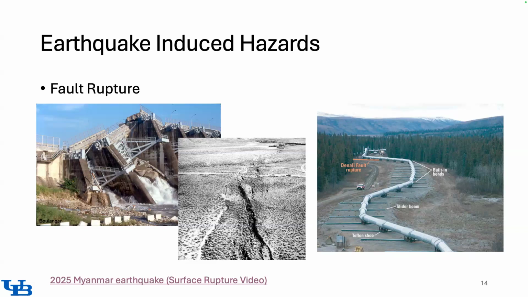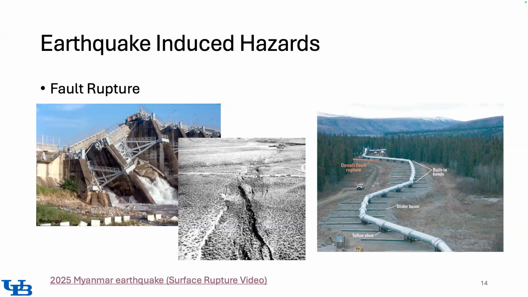Here, this is the Trans-Alaska pipeline that is crossing the Denali Fault. Because they knew that this pipeline will intersect the fault, and if an earthquake happens, there is a high likelihood that one side will slide relative to the other. Although this is a buried pipeline for most of its length, at the fault crossing they brought the pipeline to the surface and put it on sliders.